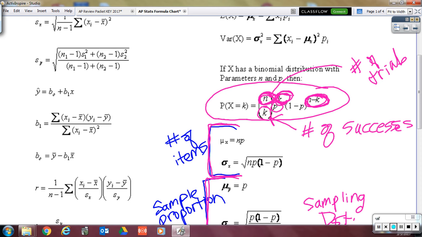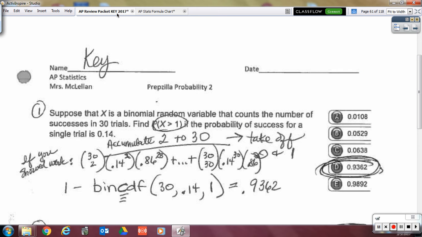Now let's talk Binomial Pdf versus Binomial Cdf. What kind of language would you be using if you want to do Binomial Pdf? They would be saying probability of finding exactly 1 success out of 13, or exactly 8 successes out of 20, exactly 5, whatever.